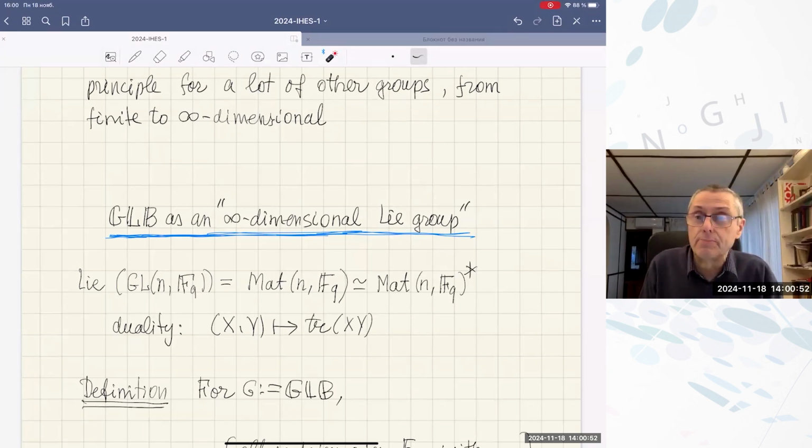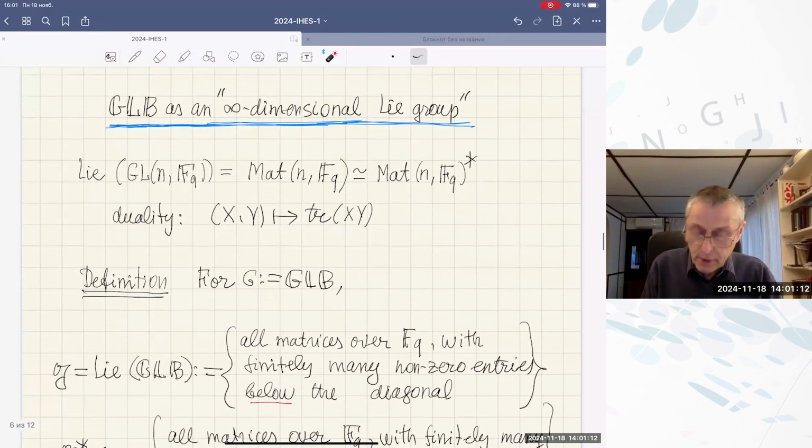We have a pairing between matrices from the Lie algebra and matrices from the dual space, forming the trace of a product. This is a pairing which allows us to identify this and this object.